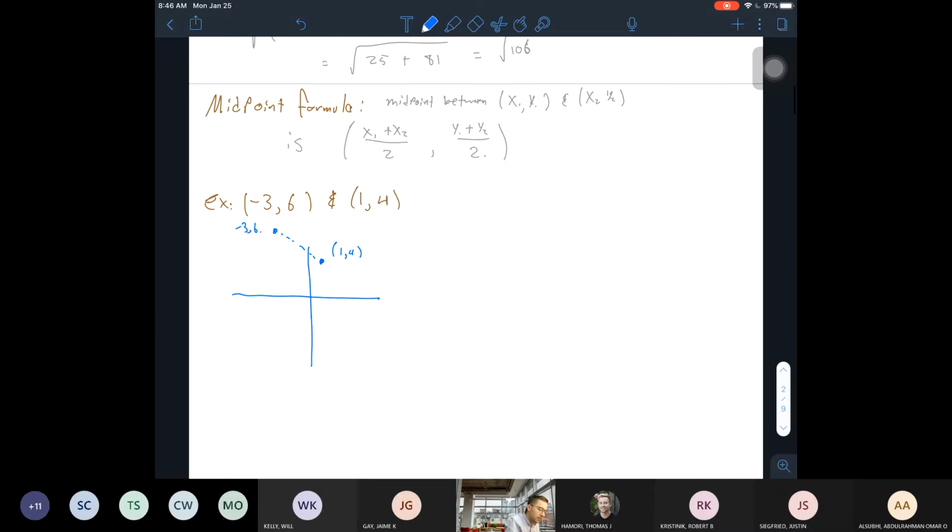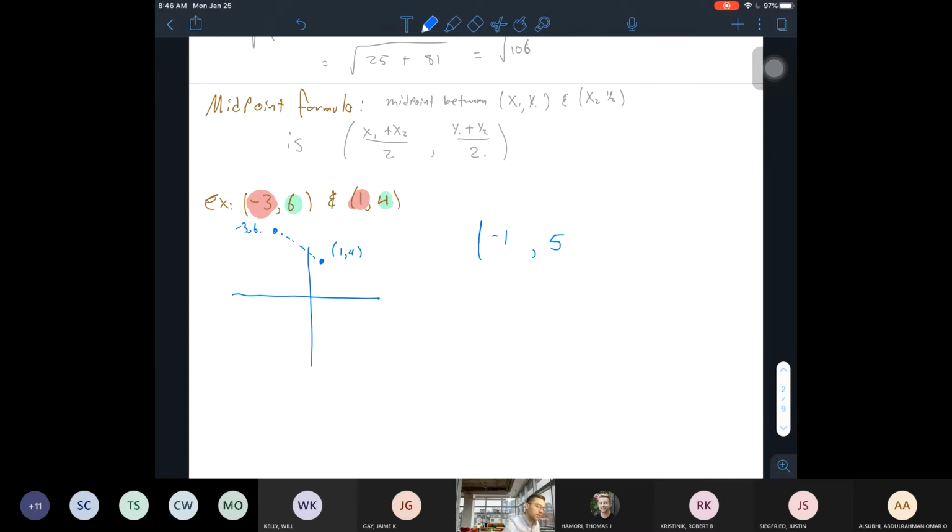Well, we just take each of these values, we take the x values and we average them. So average negative 3 and 1, if you sum them, you'll get negative 2, and then divide by 2, you get negative 1. And then we take the average of the y components, 6 and 4.